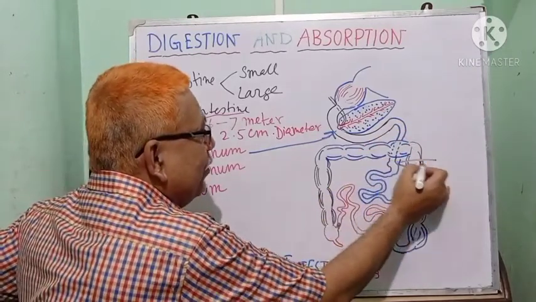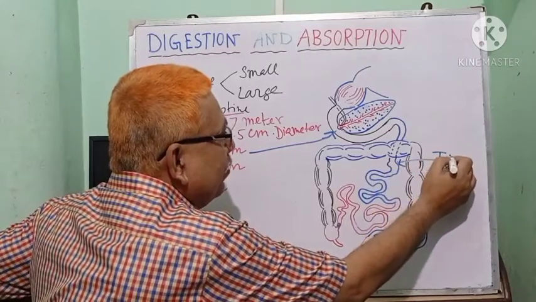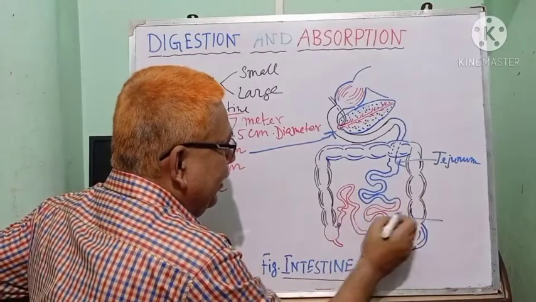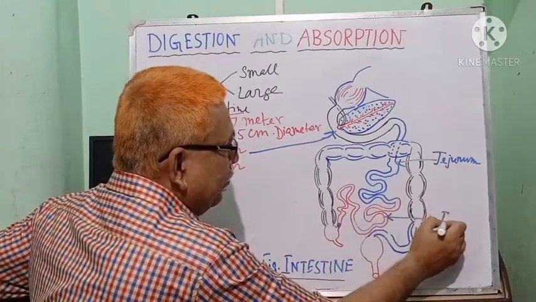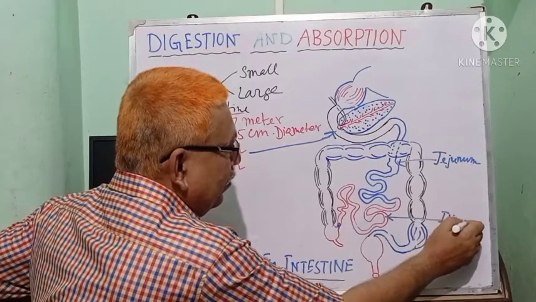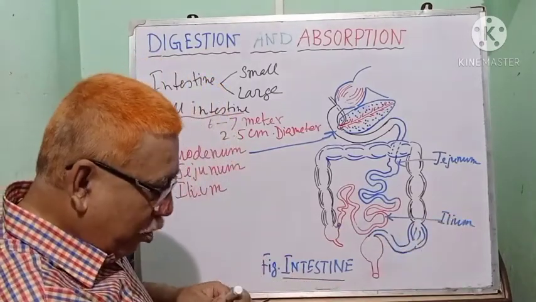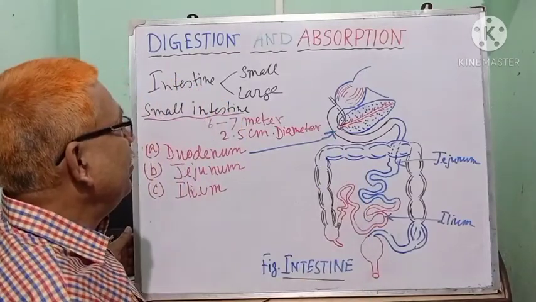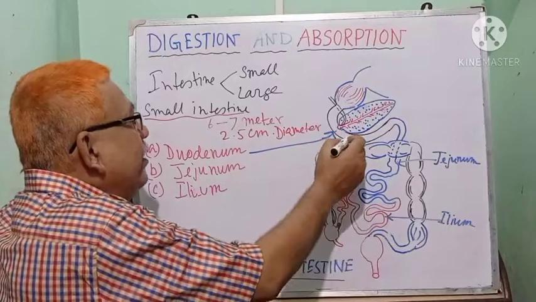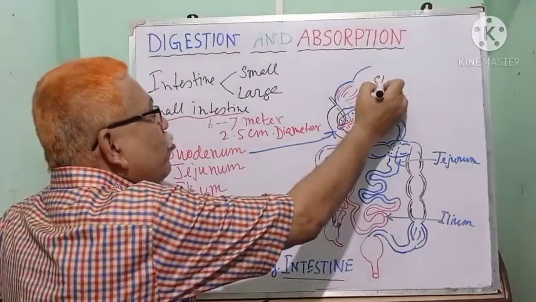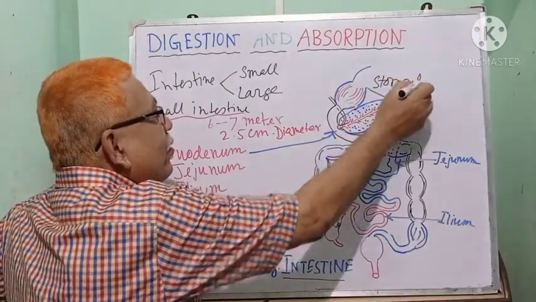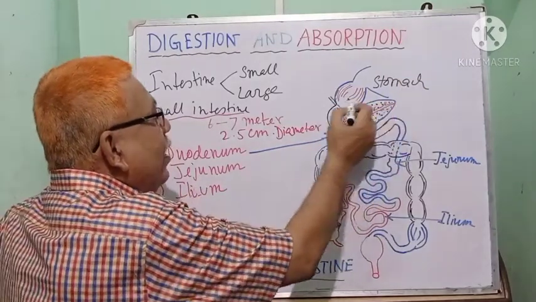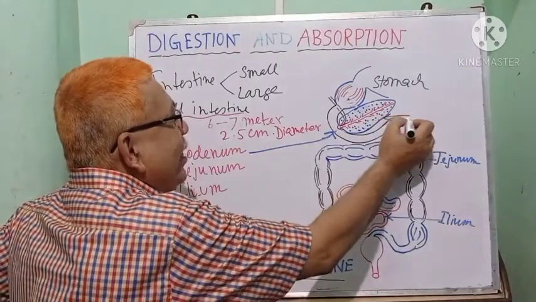This part is jejunum, and this part is ileum. So the duodenum is a sheath-shaped structure, and in between, this is the stomach, this is the pyloric stomach, there is a gland called pancreas.